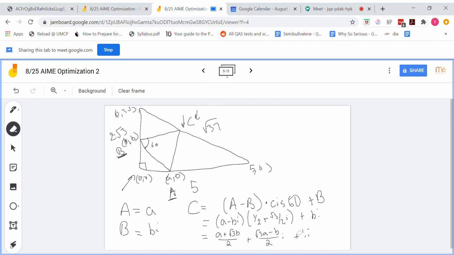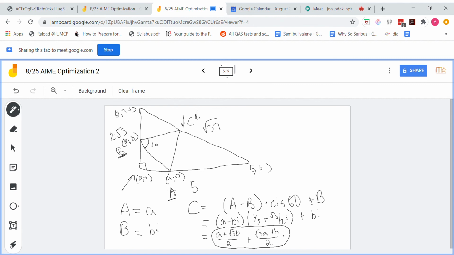And so that gives us (root 3 A plus B) times i. And so now we have the location for C, which is this point right here: (A plus root 3 B) over 2 plus (root 3 A minus B) over 2 i.